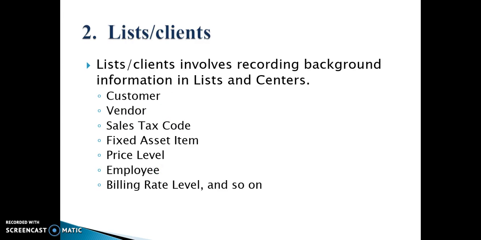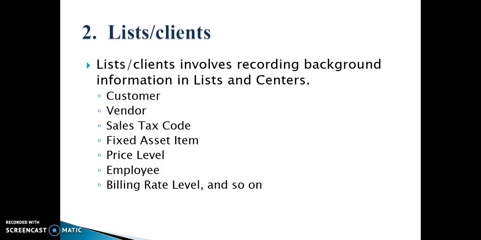Your lists and clients involves recording background information in list and accounting centers. This is information about who your customers are, who your vendors are, sales tax, fixed asset, price level. You also have employee information in your lists and clients, and billing rate information, things of that nature.